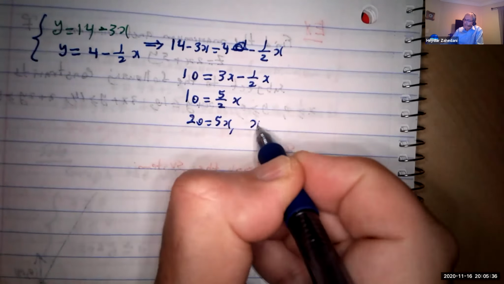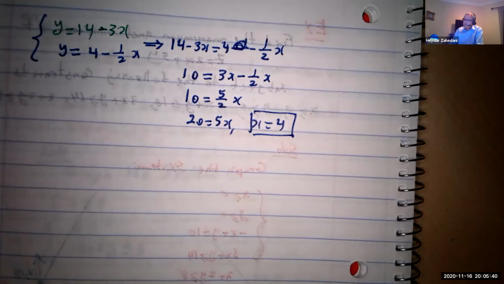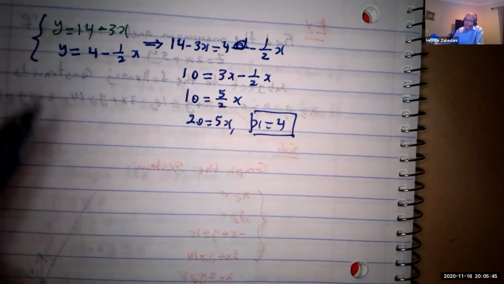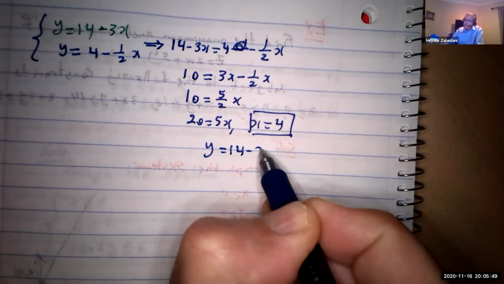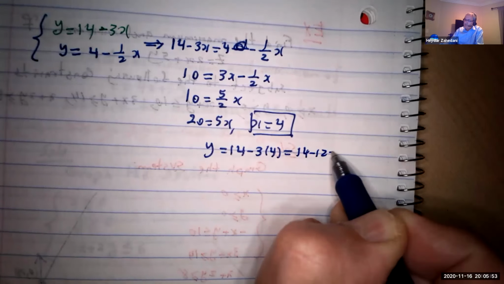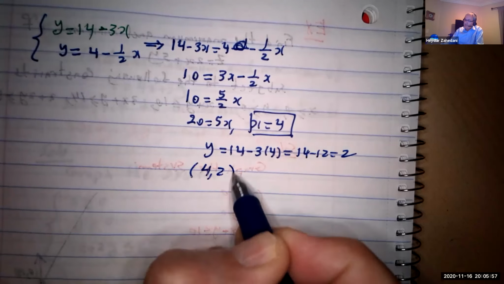So x would be 4. Substituting x equal to 4 in the first one, y would be 14 minus 3 times 4, that gives you 14 minus 12, which is equal to 2. So the point in question is 4 and 2.